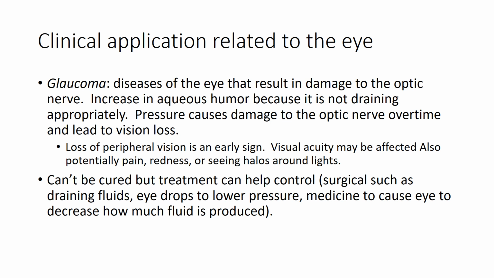Glaucoma can't be cured, but treatment can help control it. So, for example, surgical techniques to drain fluids, eye drops to lower pressure, medicine to cause the eye to decrease how much fluid is actually produced. So glaucoma is rarely cured, but it can often be controlled, at least to prevent some additional damage from happening.